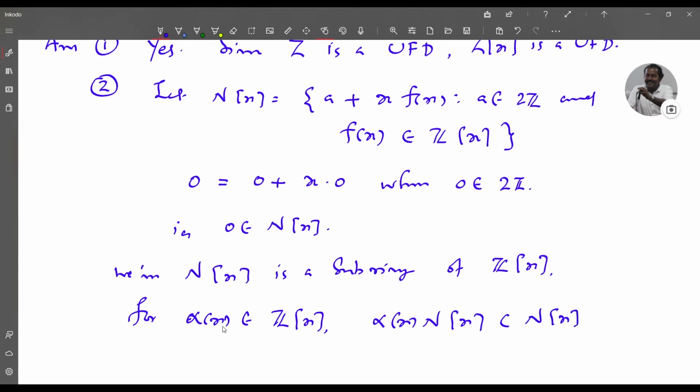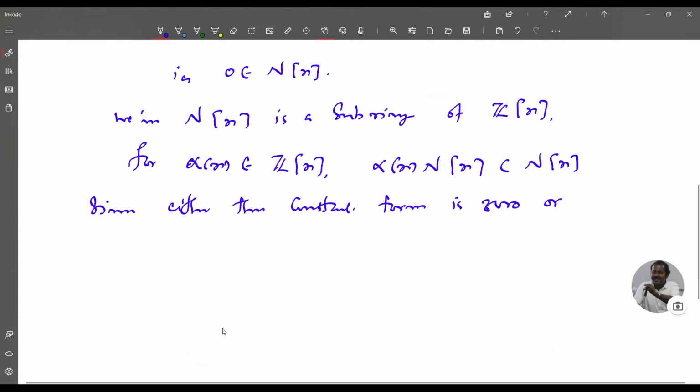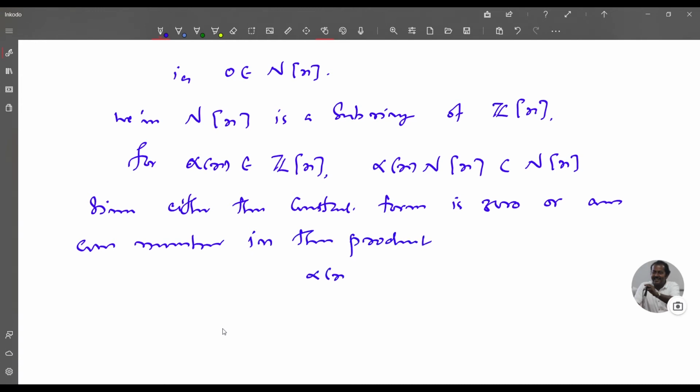This is because either the constant term is 0 or an even number in the product alpha(x) times a plus x f(x).